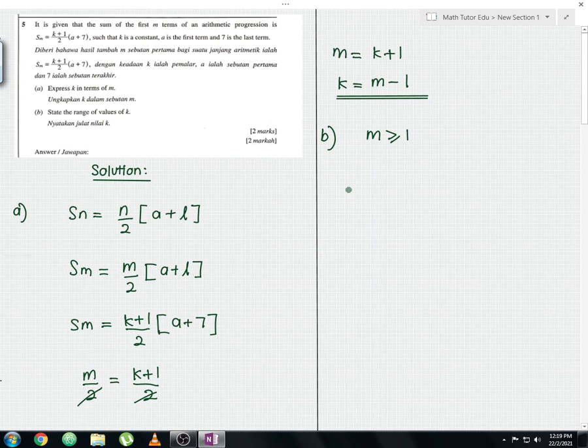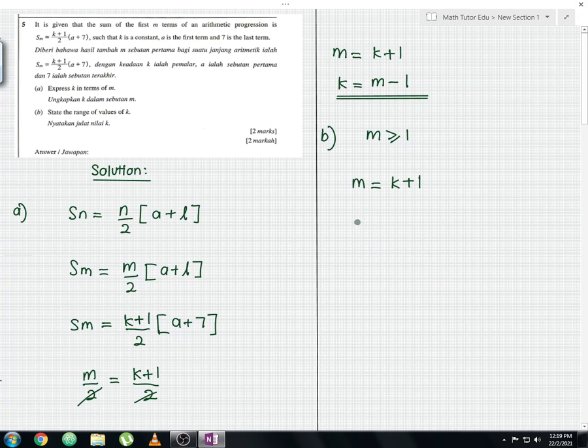In part A, since we already formed an equation of k in terms of m, where k equals m minus 1, in our next step we can form the equation of m in terms of k. So from here your m will be equal to k plus 1. Since we have already come up with the condition that m must be more than or equal to 1, you substitute this value into here.